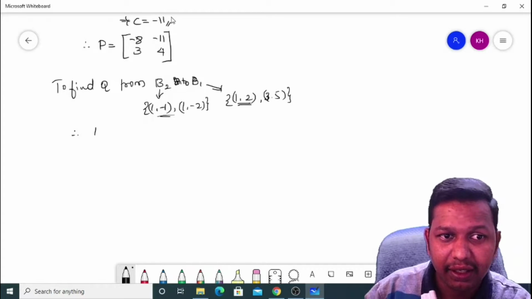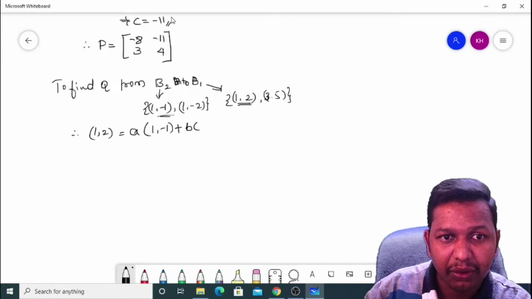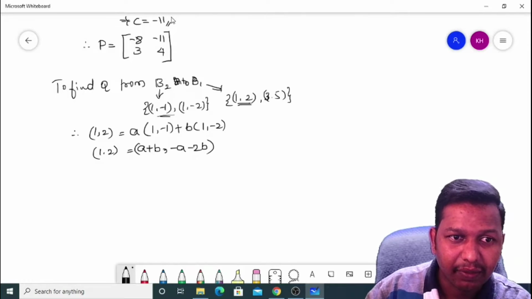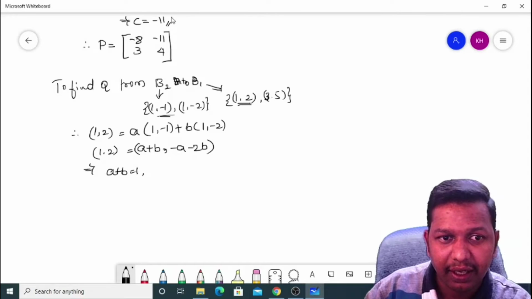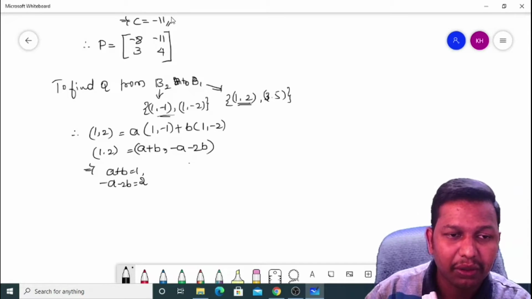Therefore, I take (1, 2) is equal to A into (1, -1) plus B into (1, -2), which is equal to (A plus B, -A minus 2B), which implies that A plus B equals 1 and -A minus 2B is equal to 2.